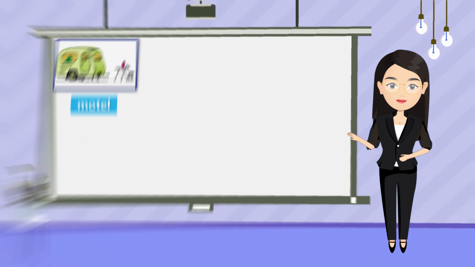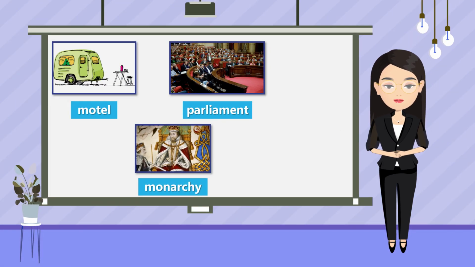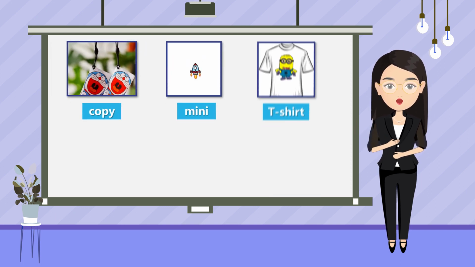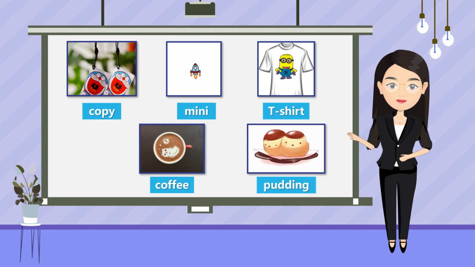For example, motel, parliament, monarchy, clone, copy, mini, t-shirt, coffee, pudding, etc.